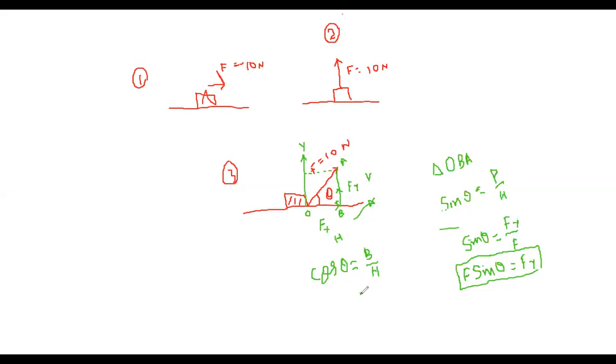So I'm going to put the value of the base, which is Fx, and again the hypotenuse has the same value, because you can remember that the side opposite to the 90-degree is always the hypotenuse, and the side opposite to the angle is always the perpendicular or opposite side.